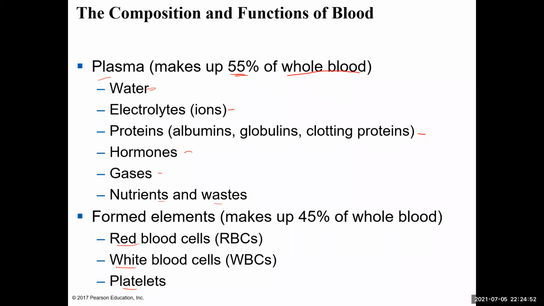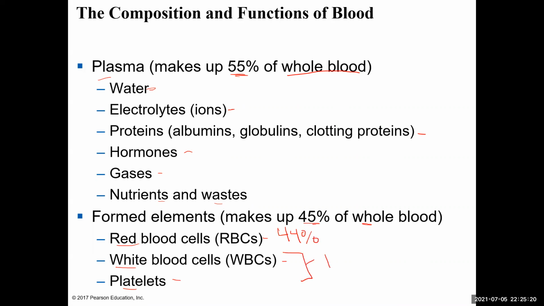Now, the remaining 45% of the whole blood sample is made up of the actual cells: the red blood cells, the white blood cells, and the platelets. The red blood cells make up about 44% of the whole blood.